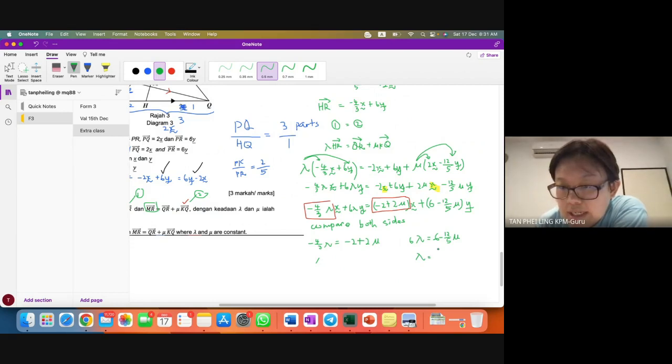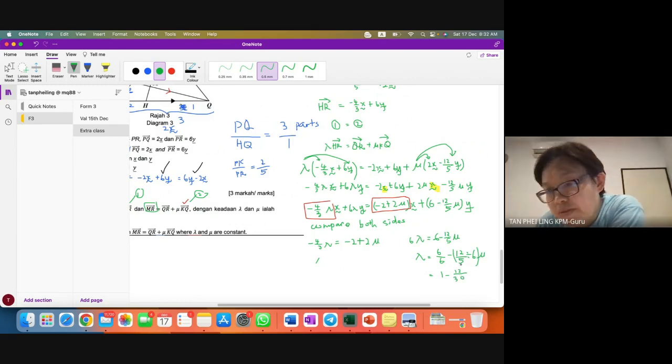So I will take 6 minus 12/5 mu, also divided by 6. Okay, I'm doing it like that so that I have 1 minus 12. Okay, this one times 1/6 becomes 12/30, right? Oh, I can actually simplify. Can or not? Times 1/6 cannot become 2.